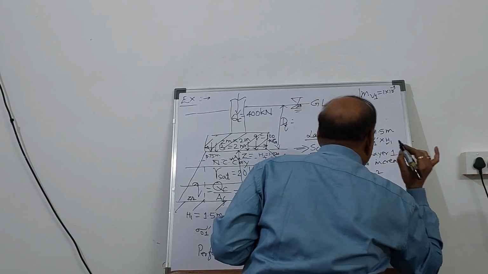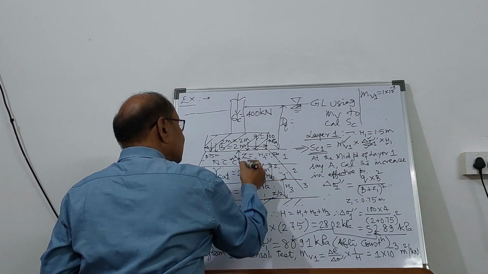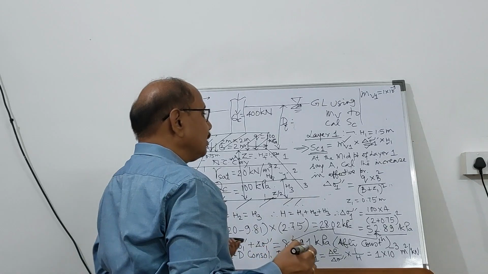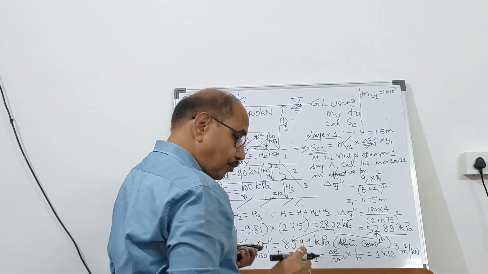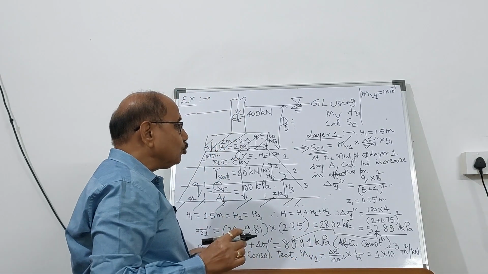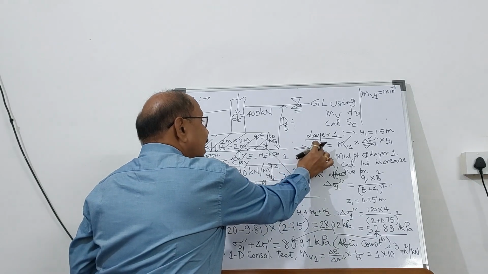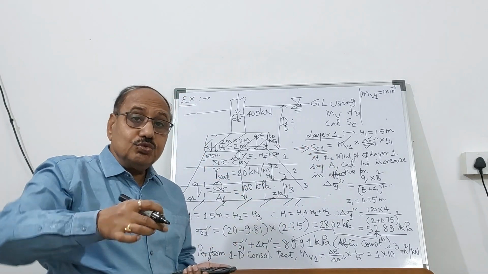The thickness of layer 1 is already known as 1.5 meter, and therefore I am in a position to calculate the consolidation settlement using MV.